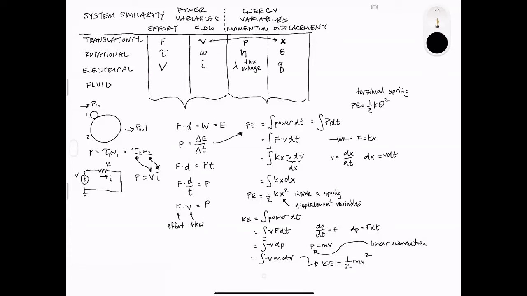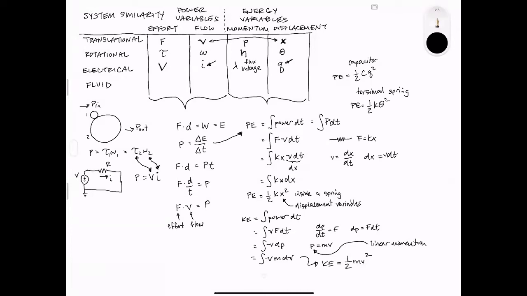If we want to know what the flow variable is, we take the time derivative of the displacement variable, such that if we want current, it's the time derivative of q. And in the same sort of thing, if we have a capacitor, we can make the same arguments, but the potential energy inside a capacitor is going to be 1/2 the capacitance of that capacitor times q squared.